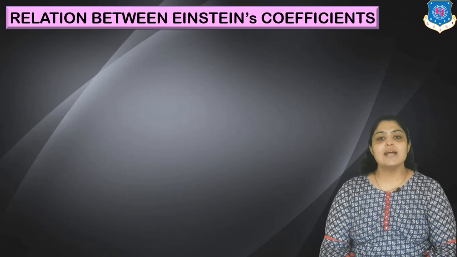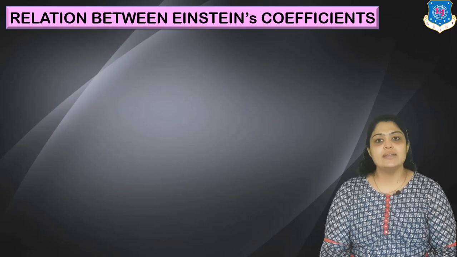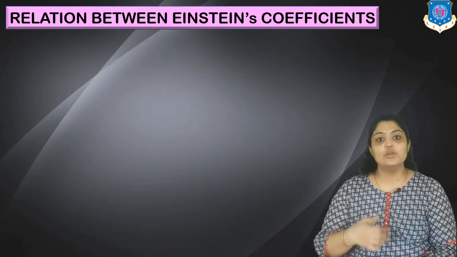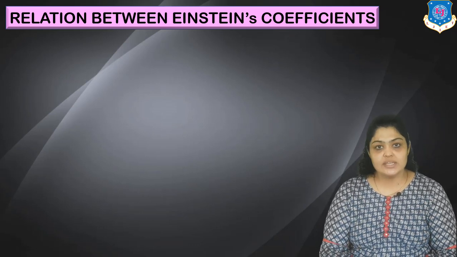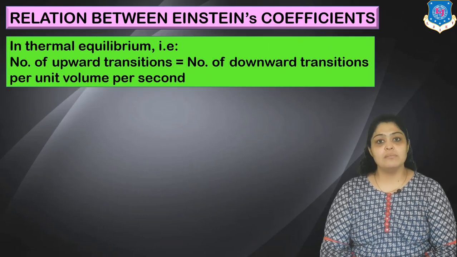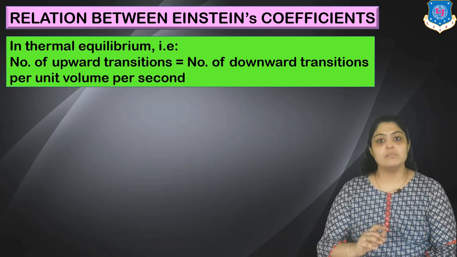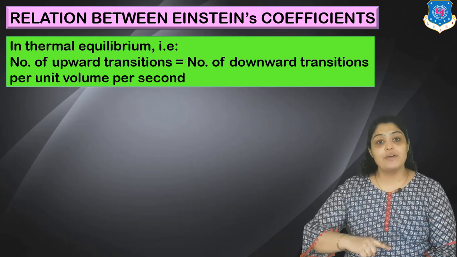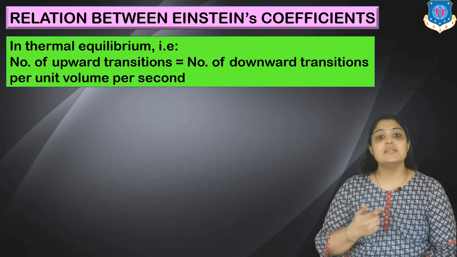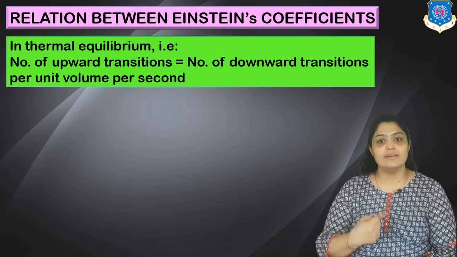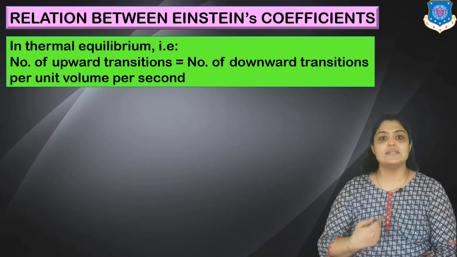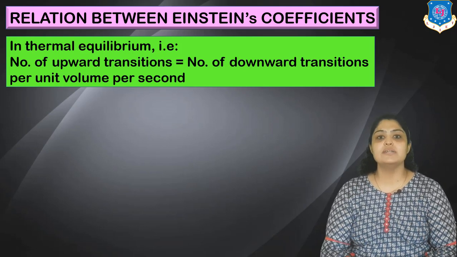Now, I'll start with the relation between the Einstein's coefficients, that is, how are B12, A21 and B21 related to each other. So we'll start with thermal equilibrium. In thermal equilibrium, whatever are the number of upward transitions, meaning transitions from lower to higher level, should be equal to the number of downward transitions per unit volume per second.